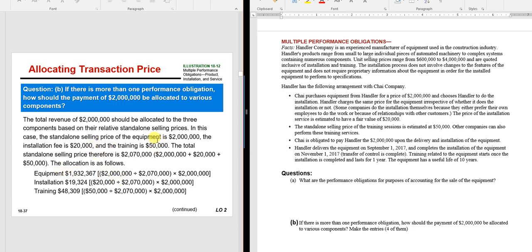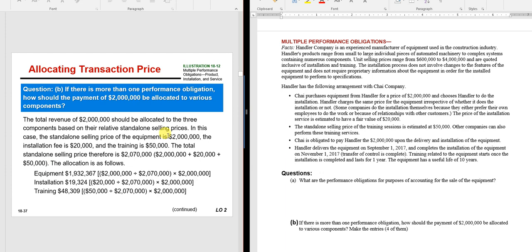notice that the total revenue should be allocated to the 3 components based on their relative standalone selling prices. In this case, the standalone selling price of the equipment is $2 million. The installation fee is $20,000 and the training fee is $50,000. The total standalone selling price is $2.07 million.